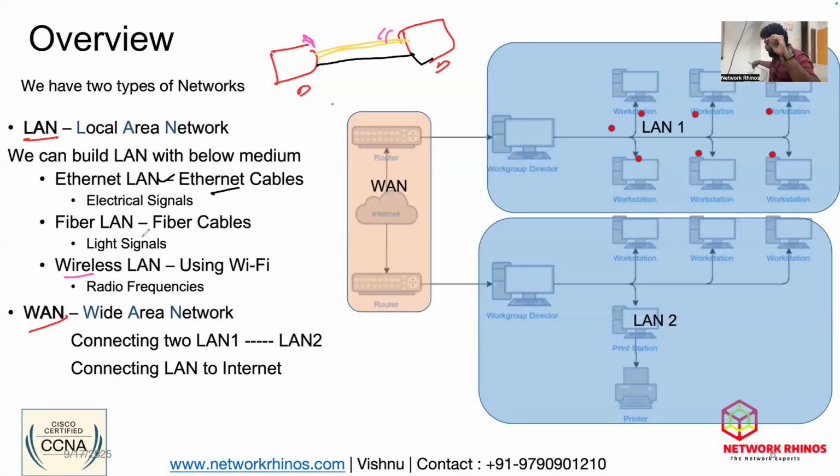Now these copper wires are equivalent to this wire, which I'm going to hold now in hand. Inside this, what do you have? We have copper wire. We also have copper wire. Even that is also copper wire. So basically, Ethernet cables are made up of copper wire.